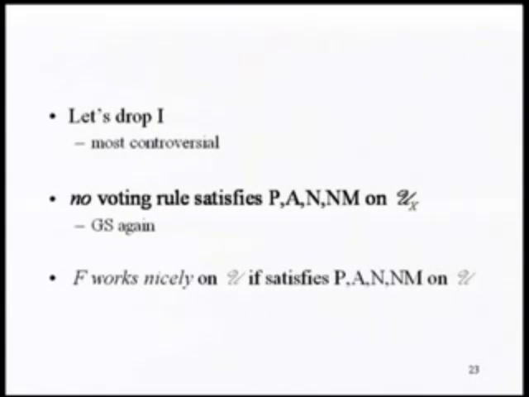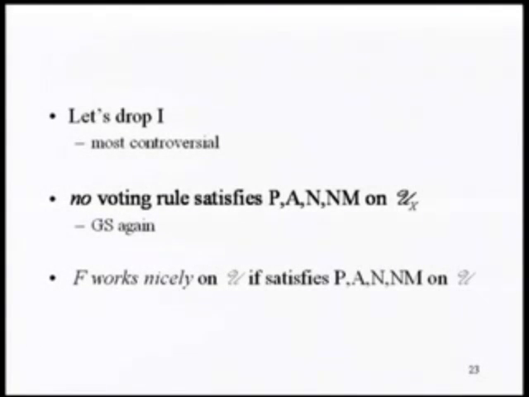Let's define a voting rule to work nicely if it satisfies the four conditions that remain once we drop independence on a particular domain. Once again, we can't get anything to work nicely all the time.